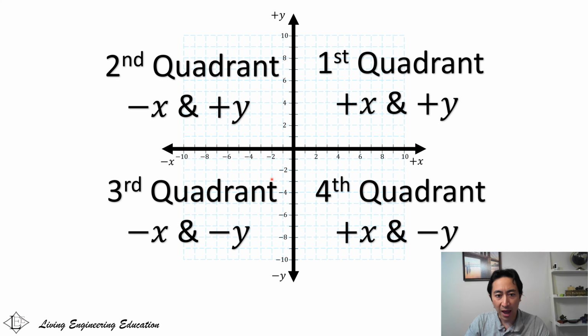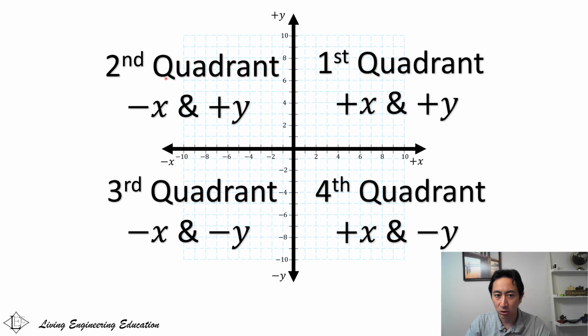When we draw the axes and cross them at the origin, we split the graph into 4 distinct quadrants. The quadrants are defined by the signs of x and y. In this first quadrant, you see only positive x and positive y values. Any point here will have a positive x and positive y value.